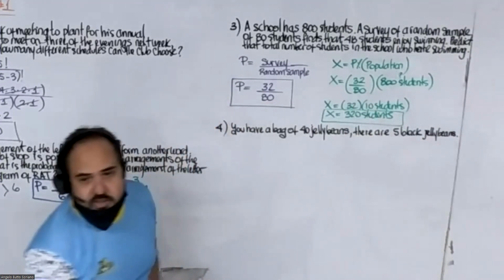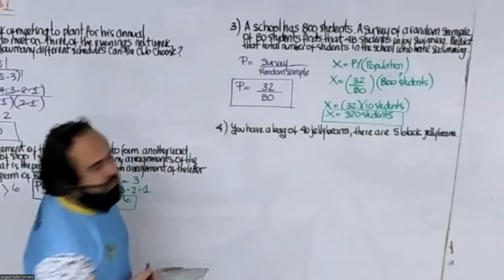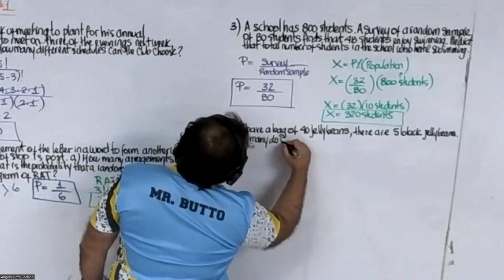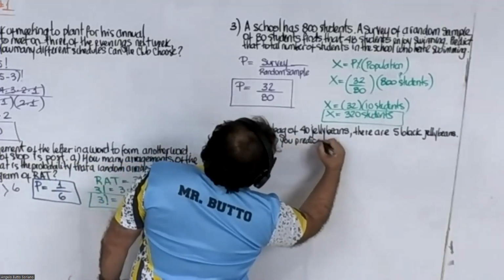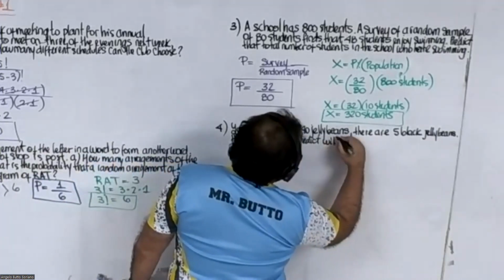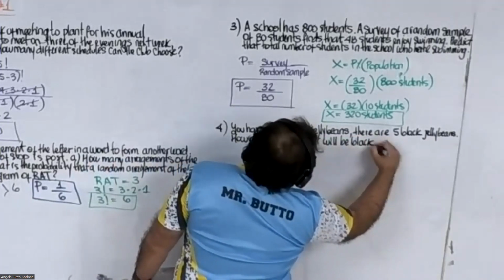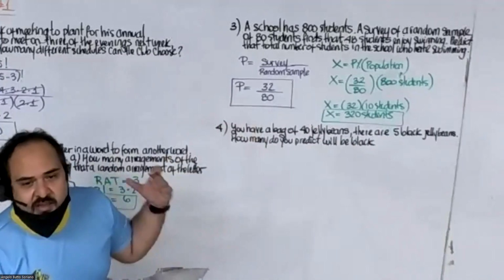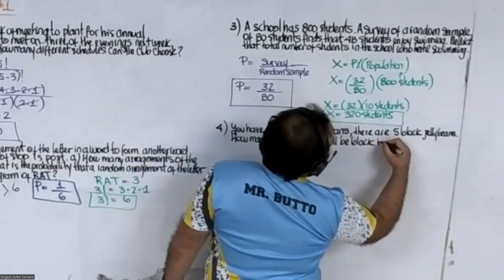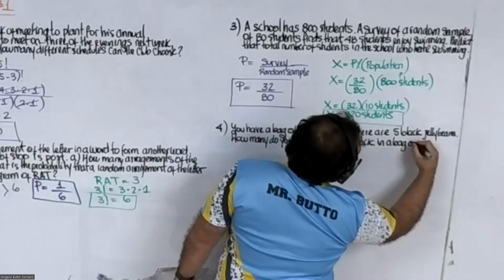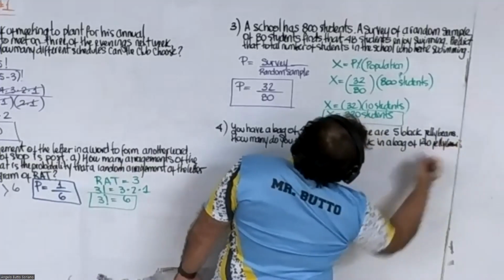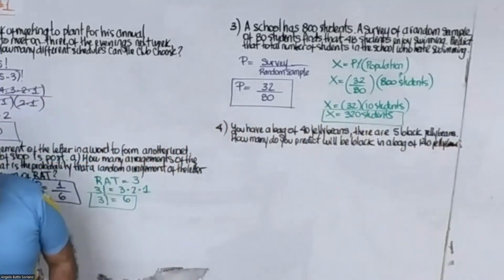The question is, how many do you predict will be black in a bag of 140 jelly beans? Well, actually, they're asking how many will be black.